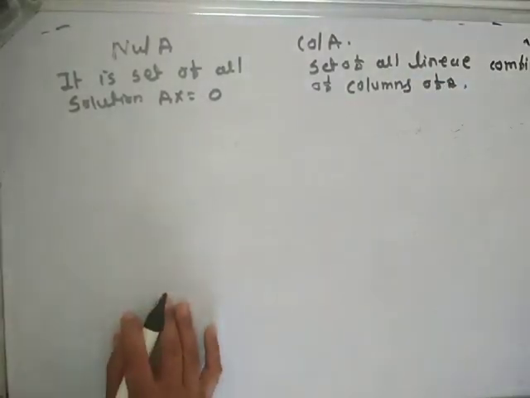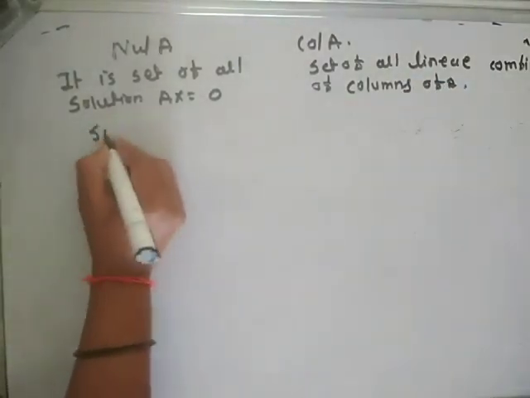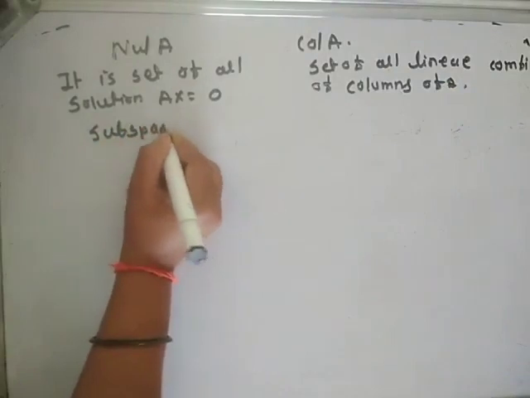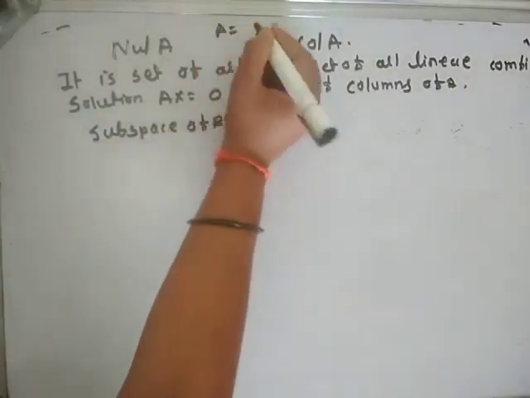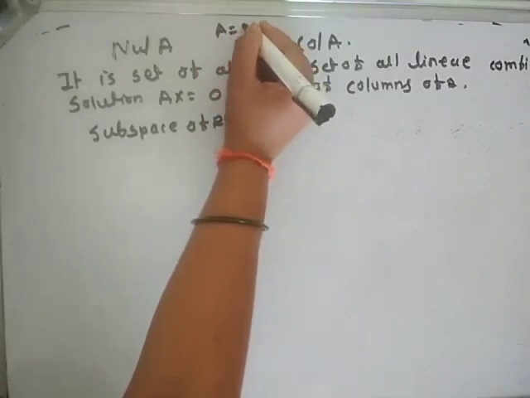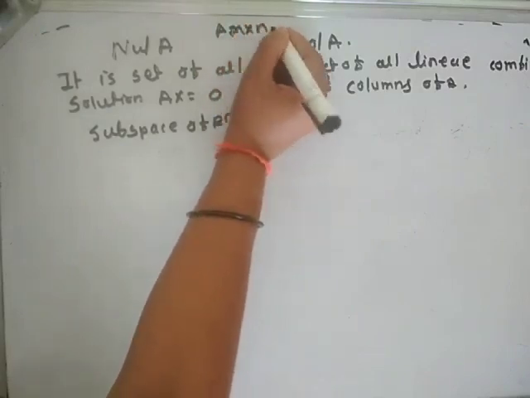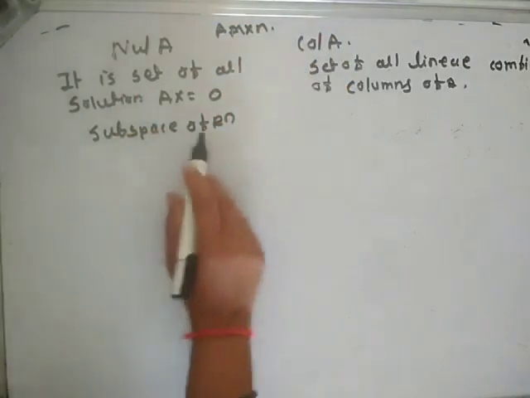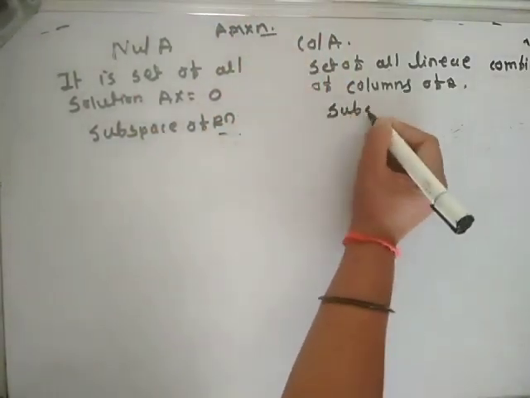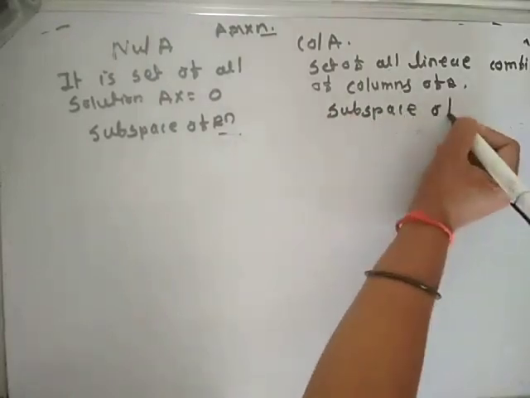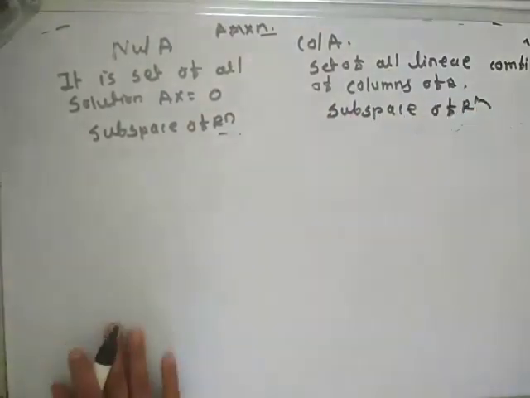Null space of A is a subspace of Rn. If you have taken a matrix of size m by n, then null space of A is a subspace of Rn and column space is a subspace of Rm.